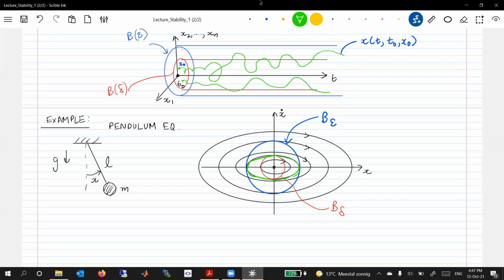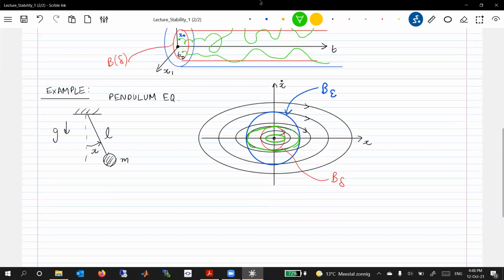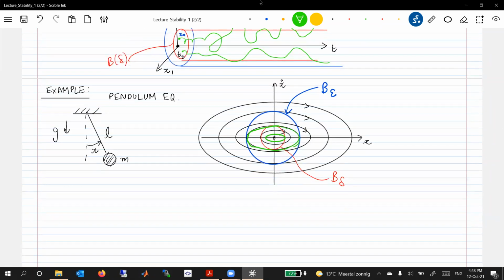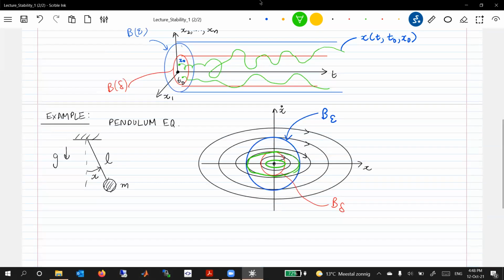Anything inside this red ball, the delta ball, would be confined to the blue ball. So this is the reason that there's this requirement of these two balls, epsilon as well as delta. And I guarantee you that this is the minimum number of balls that are required here in this example and in the definition.